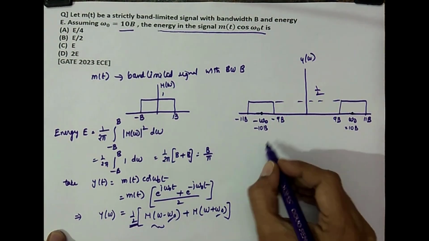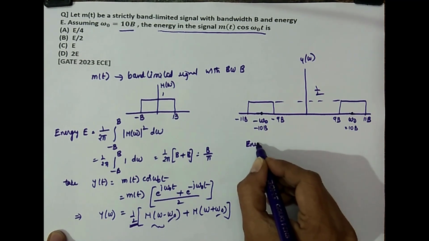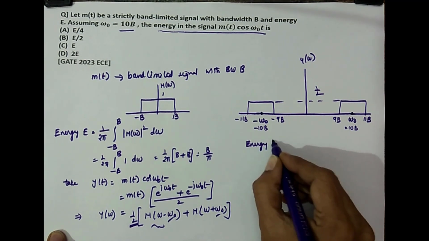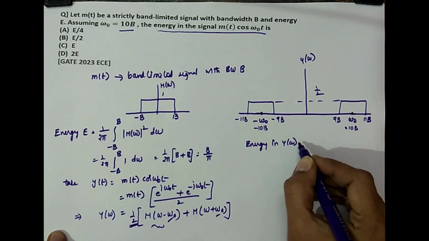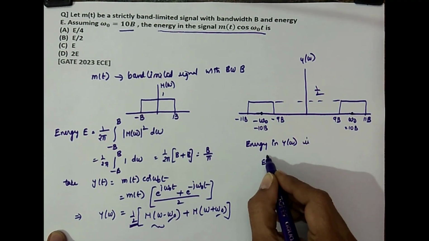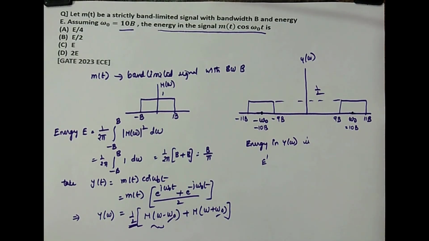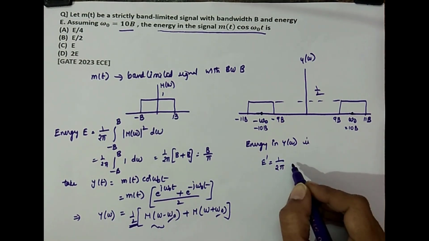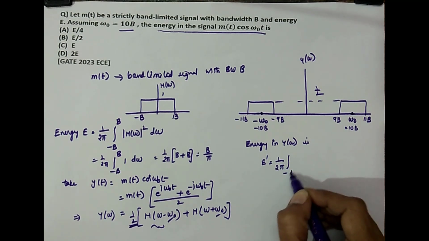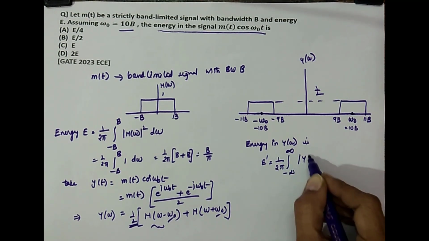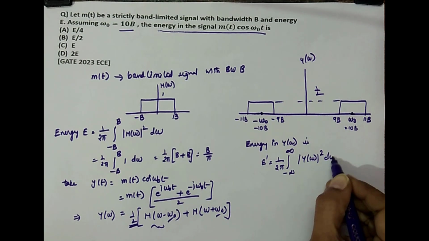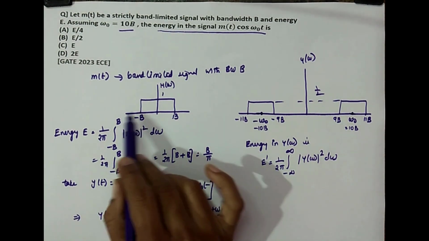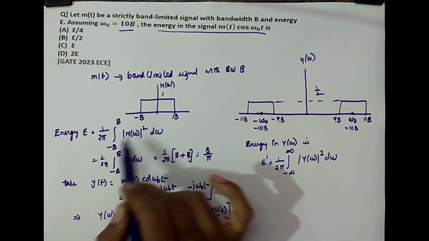So now the energy in Y of omega, let it be E dash, is the same 1 by 2 pi. The actual formula is the integral from minus infinity to infinity of mod Y of omega whole square d omega. Here it is a band limited signal, so the limits become minus b to b.